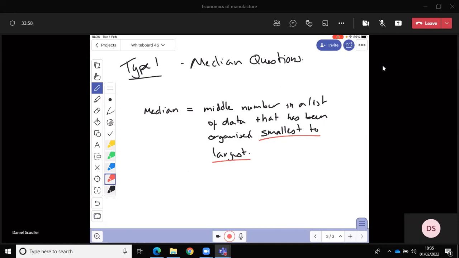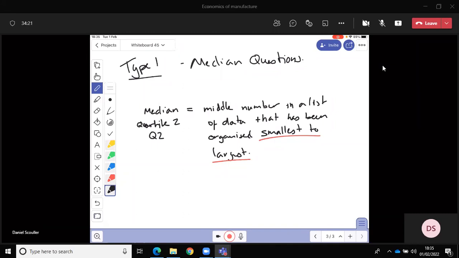Now the median is the second quartile. Okay, so it's known as the second quartile or quartile 2. Okay, Q2, Q level 2, whatever you want to call it. Okay, so it's the middle.